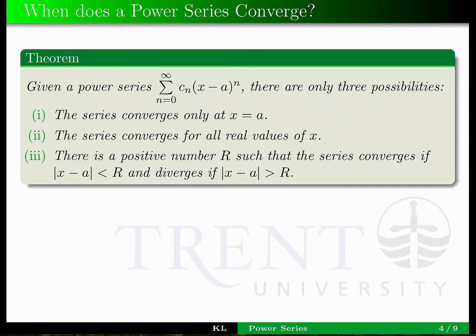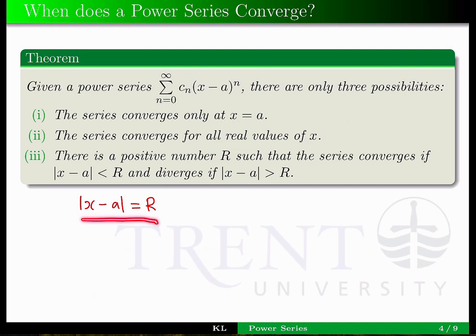Now, take note, there is a case when the absolute value of x minus a is equal to r. In this case, we don't know yet if the power series converges for these possibilities.